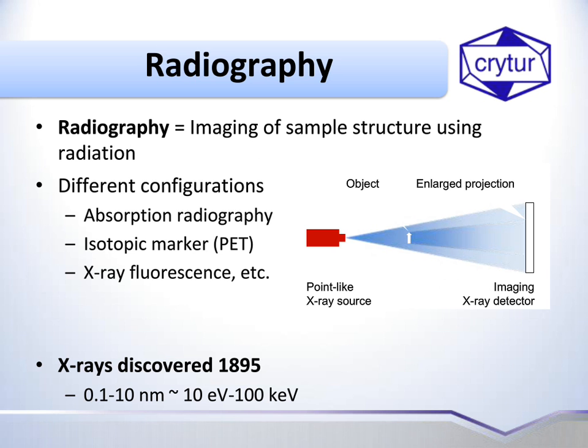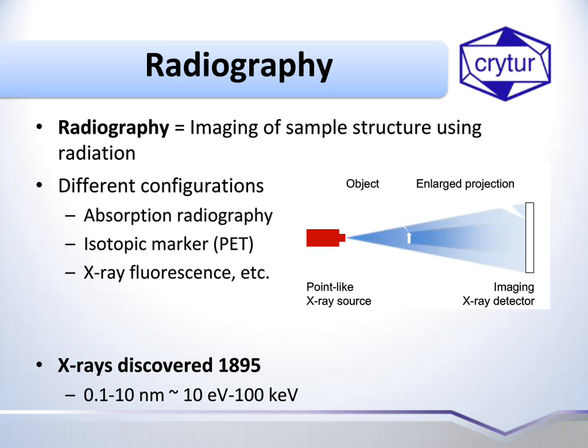Well, the basic operation with X-rays is radiography. It's imaging of sample structure using radiation. Because they are highly penetrative, you can see the composition of the material, the defects, and everything that's hidden to your eyes. There are different configurations. First of all, we can have absorption radiography, which is the way the doctor performs his scan.